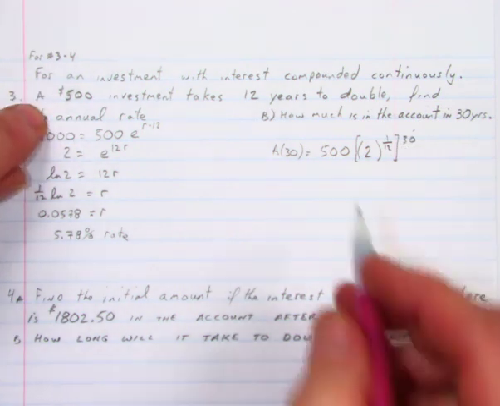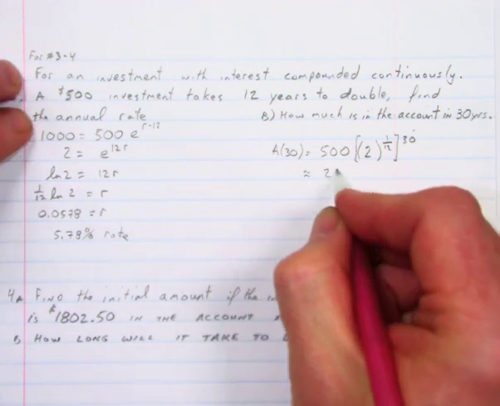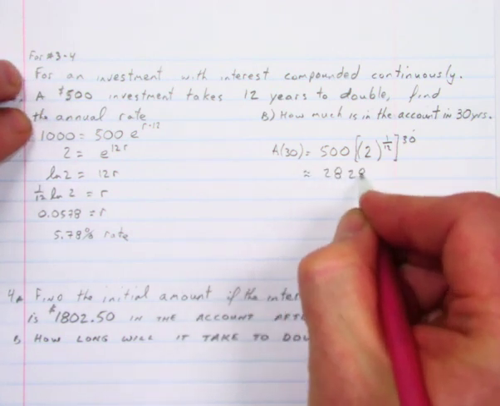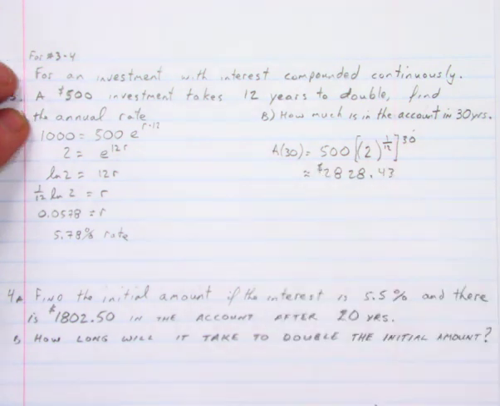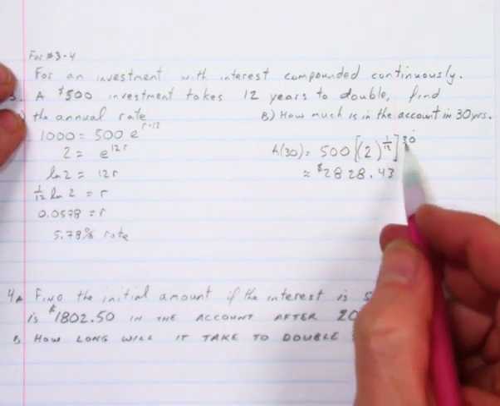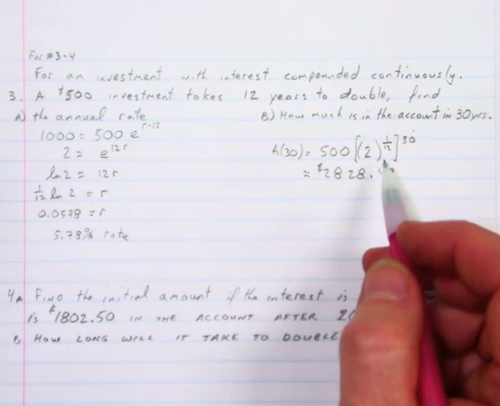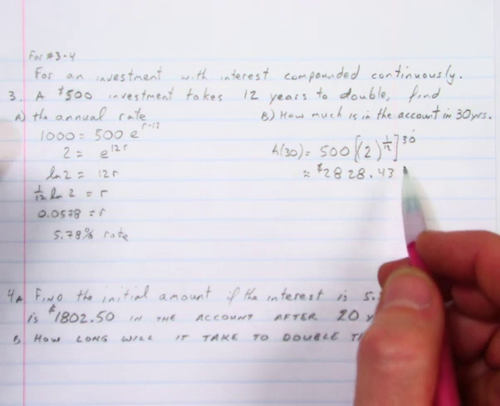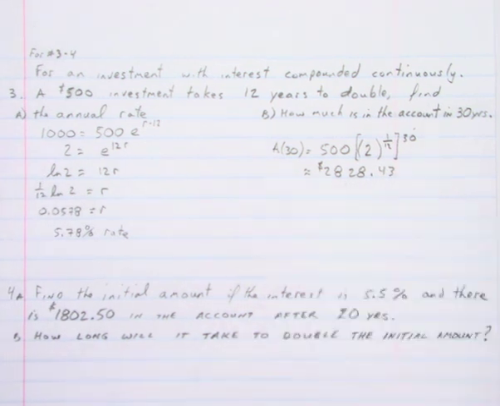At this point you just need to type it in on your calculator, and you get $2,828.43. If we didn't have our calculator, we would simplify 30 over 12 and get 2.5, and we could then say 2 squared and then 2 to the 1/2 power, and we could simplify like that. But since we have our calculator, we just type it in.